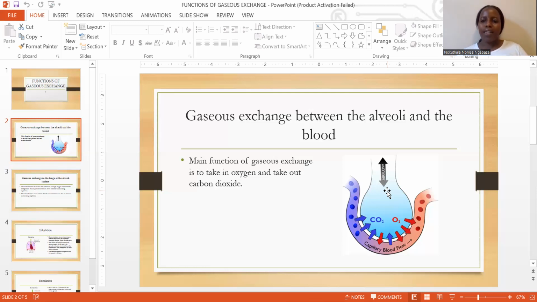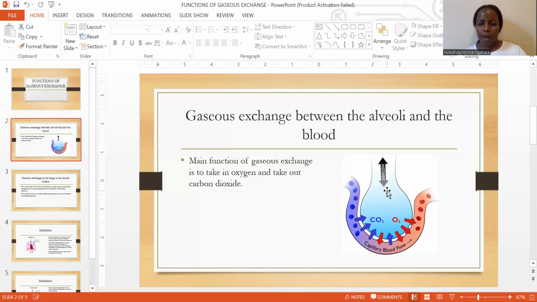The oxygen that won't be used is found as carbon dioxide in the body cells, and that carbon dioxide leaves the body cells to the alveoli, then to the outside, through the process called exhalation.